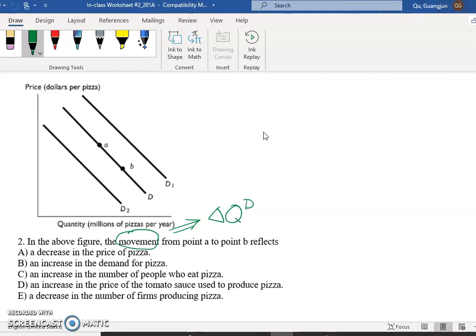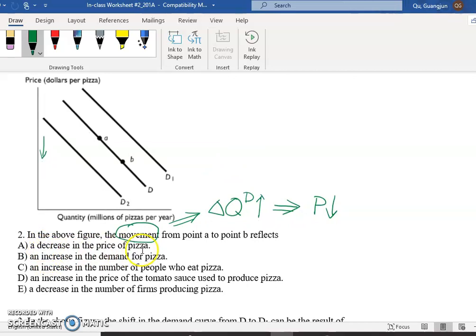Now in this case, when we move from A to B, we find that on the vertical axis the price is lower, so the quantity demanded should be higher, right? And the only thing that could cause the quantity demanded to be higher is a lower price, okay? Then we would find that here A is the correct answer.